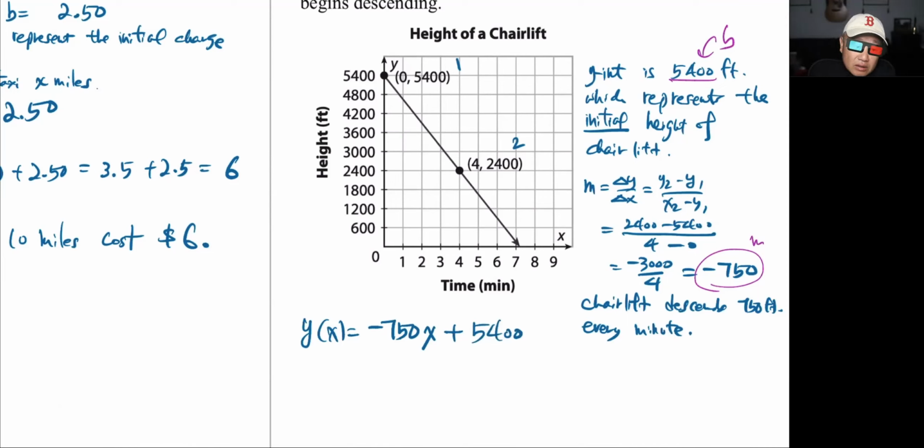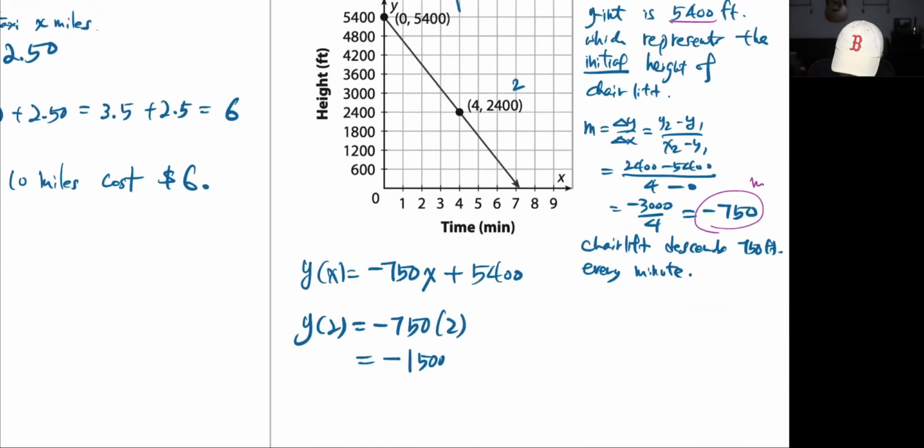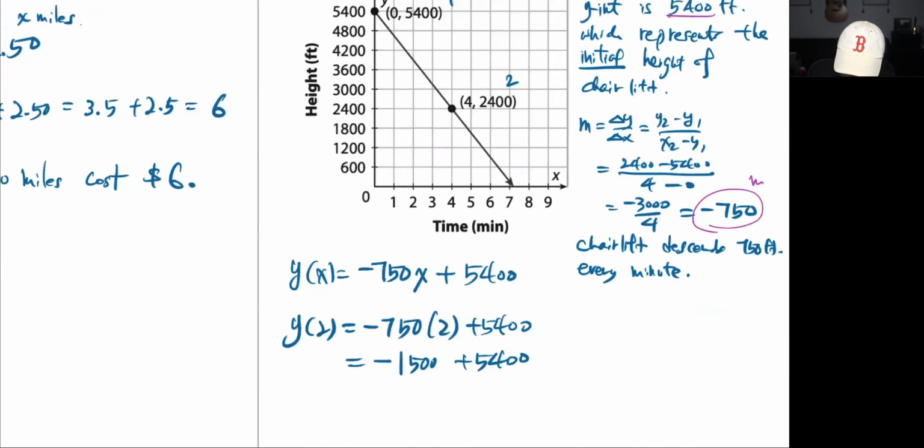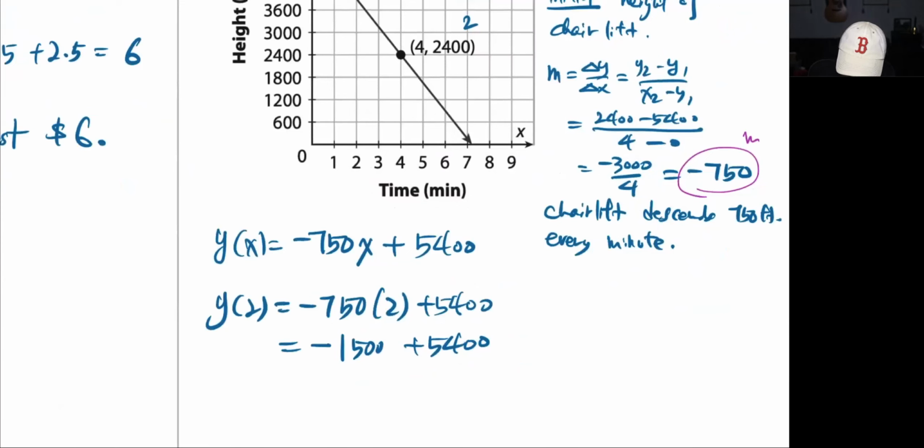So the question is, what is it after 2 minutes? So y of 2 is negative 750 times 2, that's 1,500, plus 5,400. When you do that, we end up with 3,900.